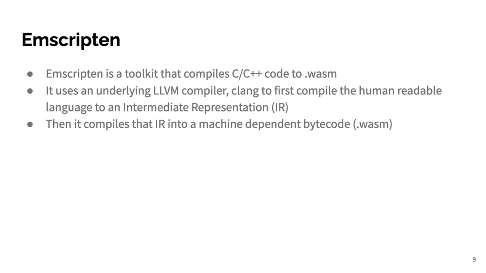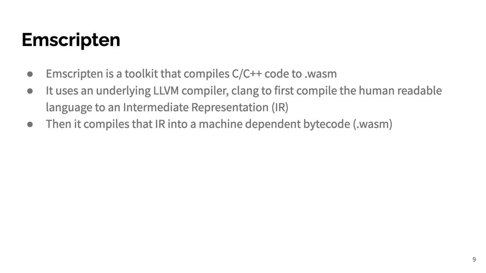On Mac, Linux, or even Windows, it uses the Clang compiler to compile the human-readable language that you write into an intermediate representation, which we call an IR. That part is what you call the compiler front end. So that compiler front end, Clang, will convert it to an intermediate language.